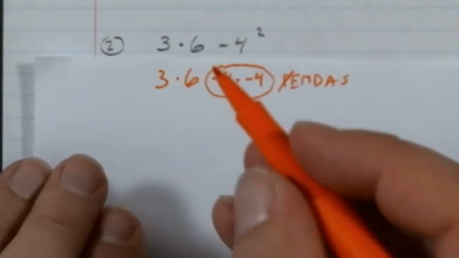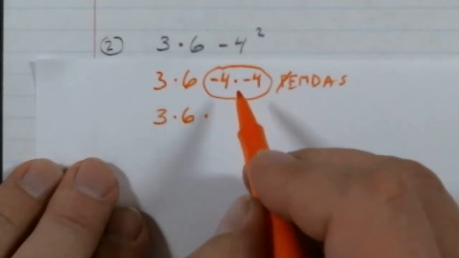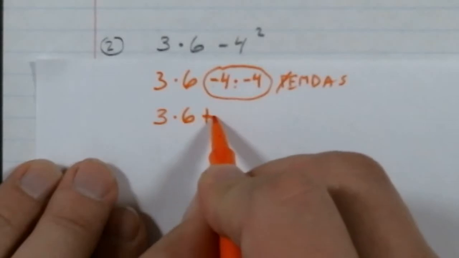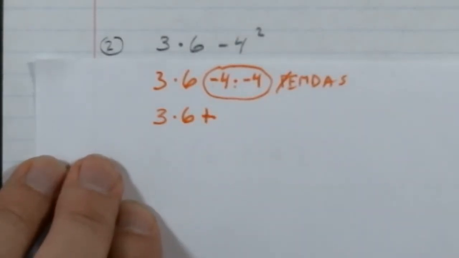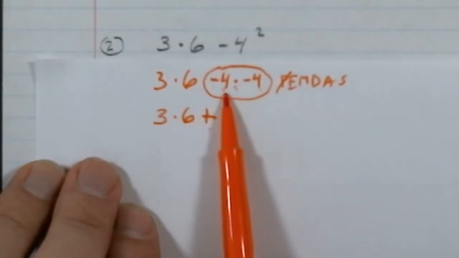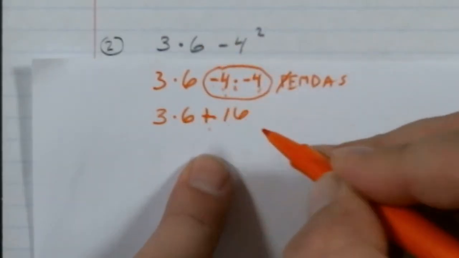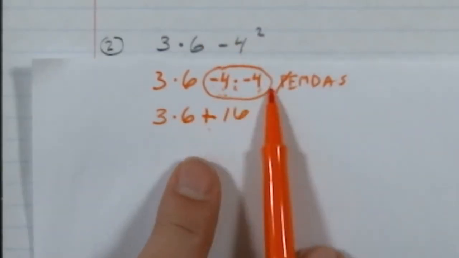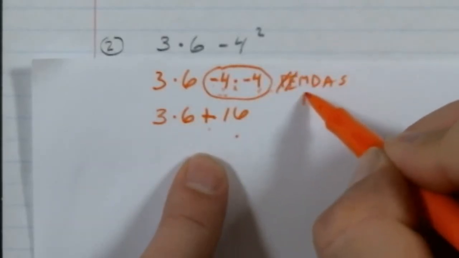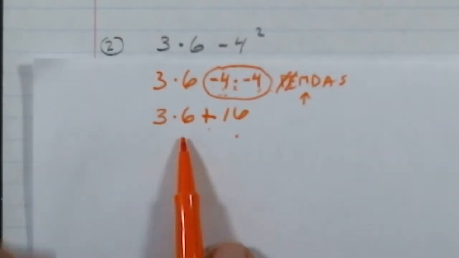What is that going to be? Well, it's not 3 times 6 times, no. What's a negative times a negative? That's a positive, right? Negative times a negative is a positive. 4 times 4 is 16. So now this goes to 16. Exponents are gone. Do I have any multiplication? The answer is yes. 3 times 6 is 18.